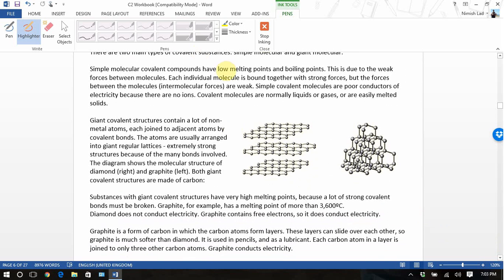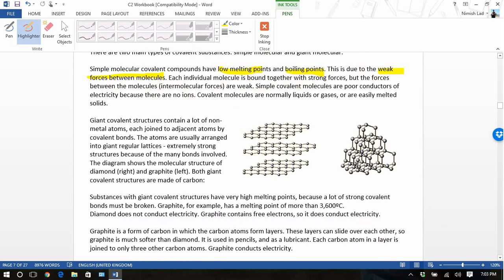Simple molecular covalent compounds have low melting points and boiling points because they have weak forces between the molecules. They're bound together with strong covalent bonds, but the forces between the molecules, the intermolecular forces, are weak.